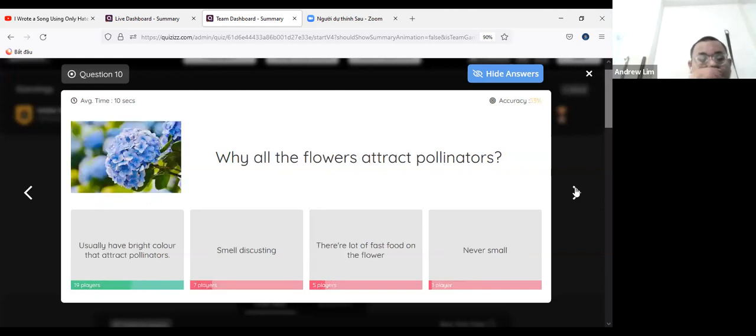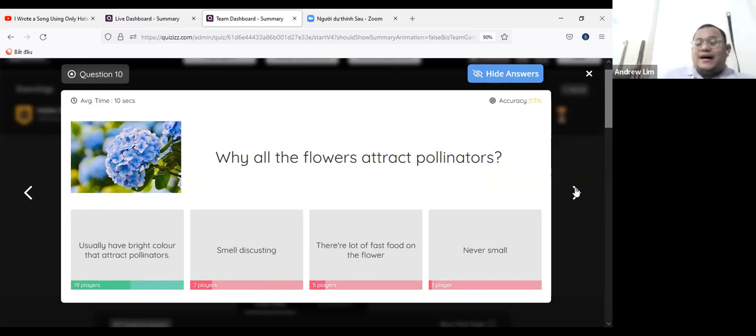All right, so how do the flowers attract pollinators? Let me rephrase the question. When you need to attract something to a place, you need to show them that, hey, I'm very beautiful, very pretty. So how to be beautiful and pretty?